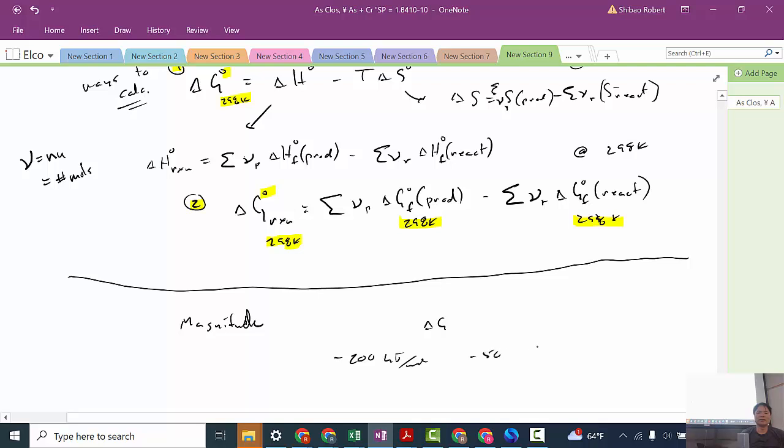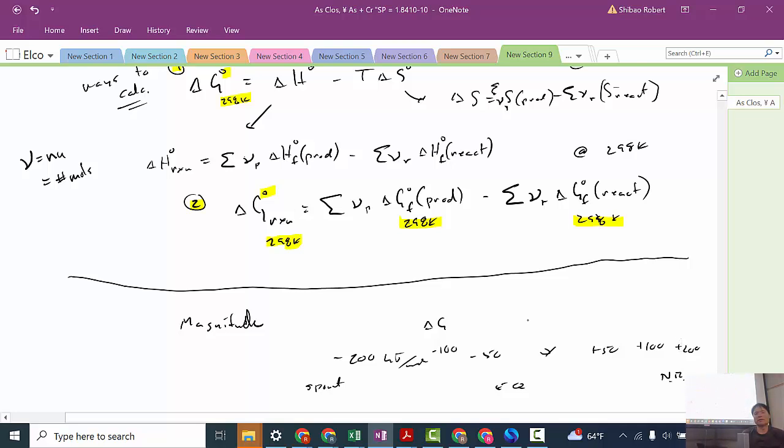Minus 100, minus 50, 0, plus 50, plus 100, plus 200. These are quite spontaneous here. This is a large driving force. Here we're going to have more of an equilibrium type situation. Here we're going to have pretty much an NR type situation, no reaction, out here.